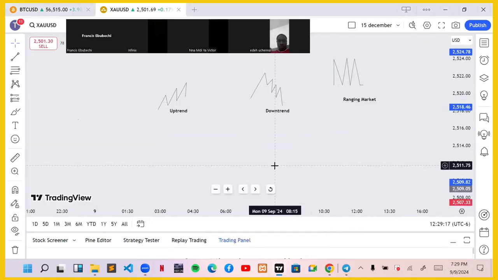That being said, what I pay attention to when trading market structure is the break of structure and then the market structure shift. Now, what is the market structure shift?